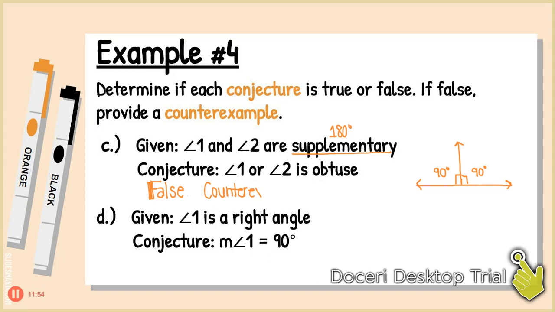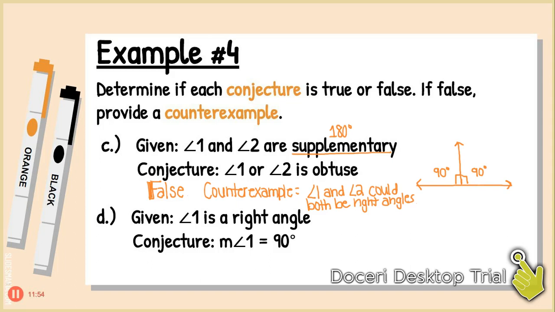So my counterexample is that angle 1 and angle 2 could both be right angles because 90 degrees plus 90 degrees is 180.